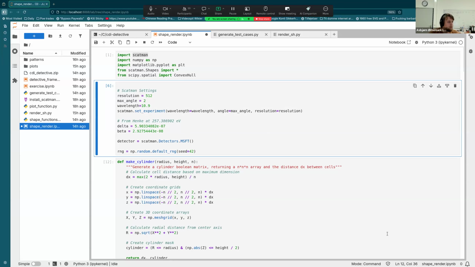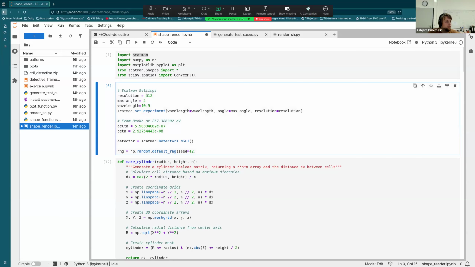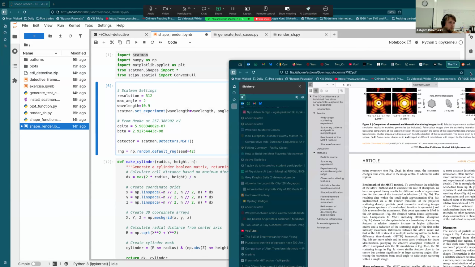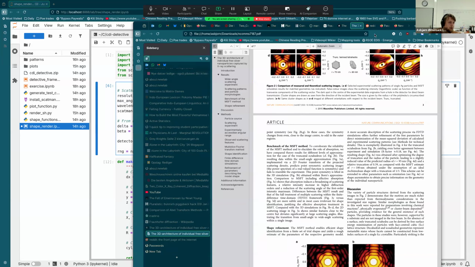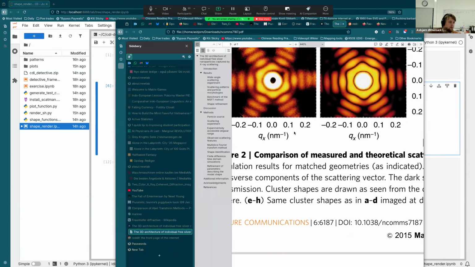Then you have to set some parameters. So this is the resolution of your detector. Right at the end, we want to have these nice diffraction images that we are trying to get to somehow.